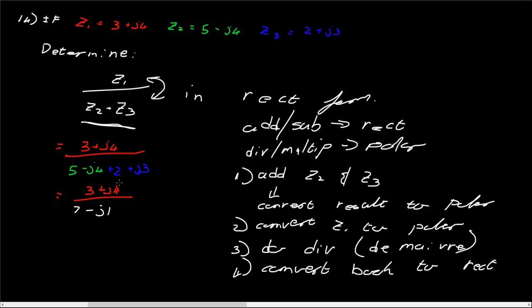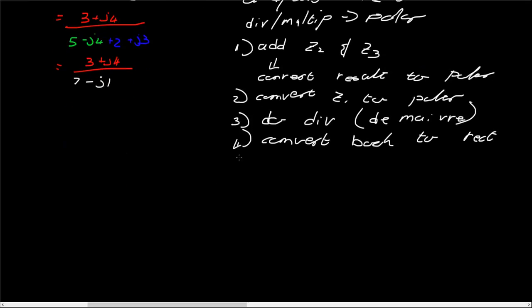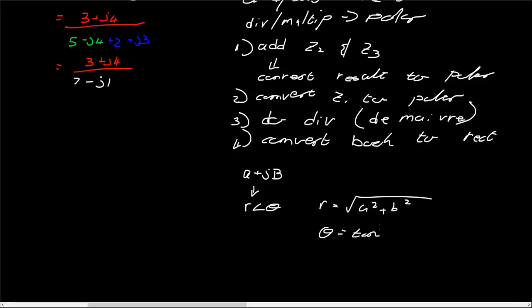Next step is to convert the top and the bottom to polar form. Now remember, to convert to polar form, we just take the numbers in the form a plus jb, and we convert them to the form r angle theta, where r is equal to the square root of a squared plus b squared, and theta is equal to arctan of b over a.